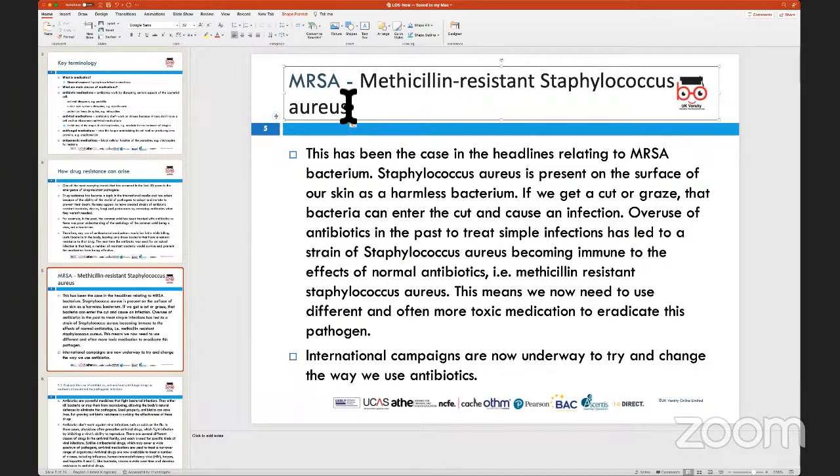But if it becomes active, it can lead to severe infections when it enters the body. So it is a bacteria which can reside on human skin, but can cause severe infections when it becomes active or enters the human body.